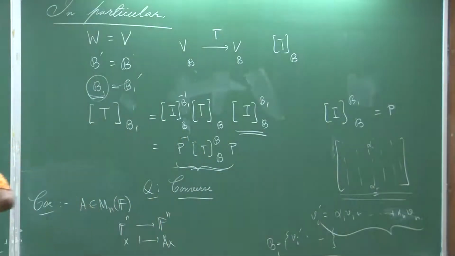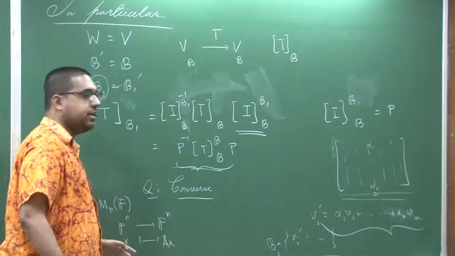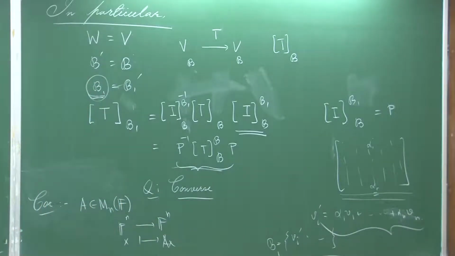Then any matrix which is similar to this A can be regarded as the matrix representation of the same linear operator with respect to a suitably chosen, possibly different, ordered basis of Fn.